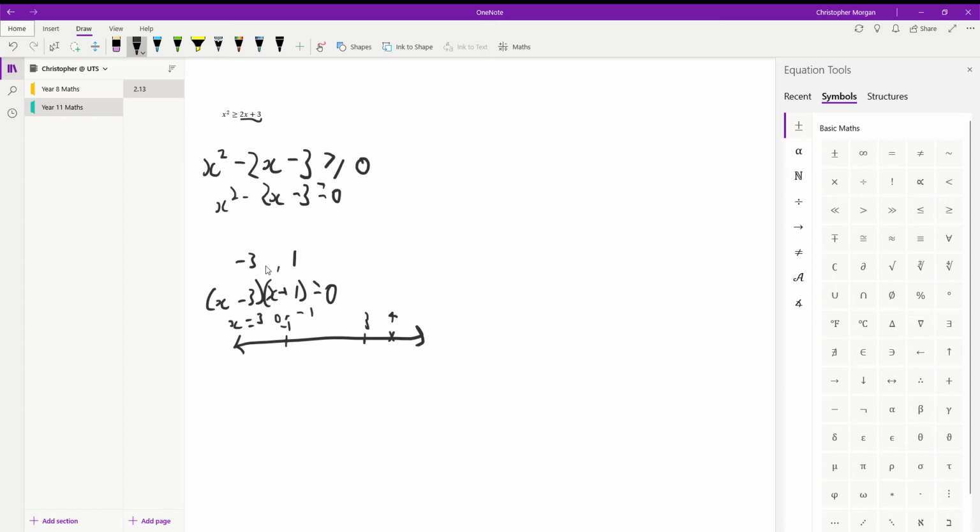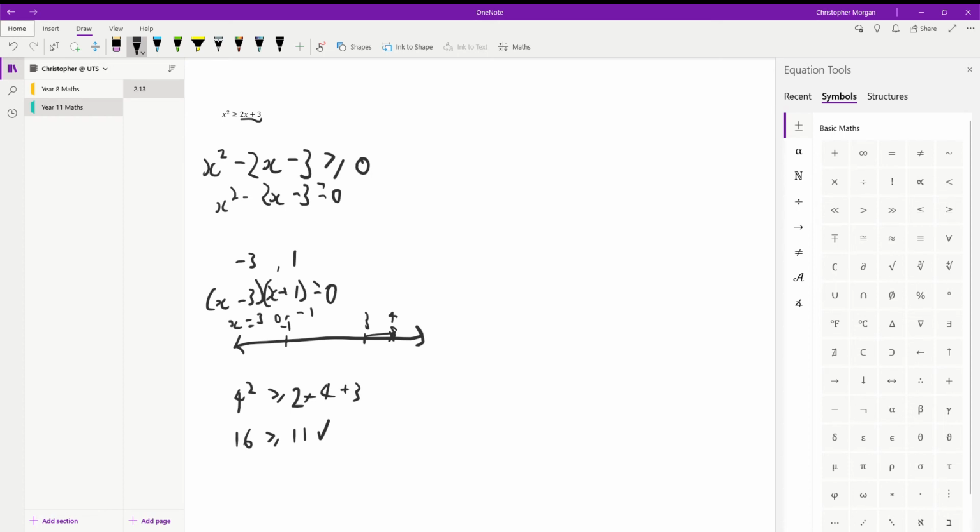So we have 4 squared, is that greater than or equal to 2 times 4 plus 3? 4 squared is 16, greater than or equal to 8 plus 3, that is 11. That is correct, so our solution does extend out that way.